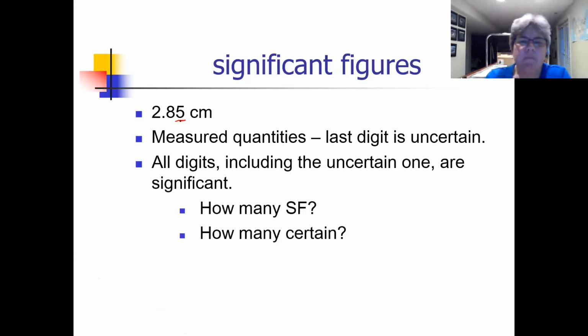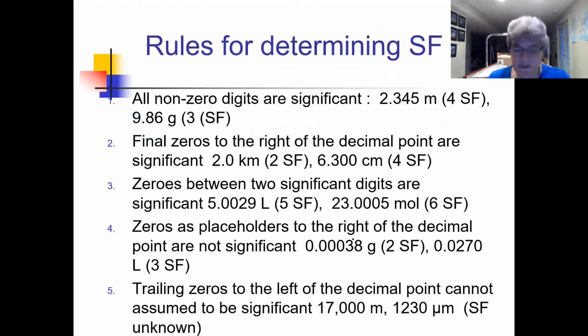For this number, how many significant digits, how many significant figures are there? Well, all of them are significant. They all have meaning. So this one has 1, 2, 3 significant figures. How many are certain? Well, only 2.